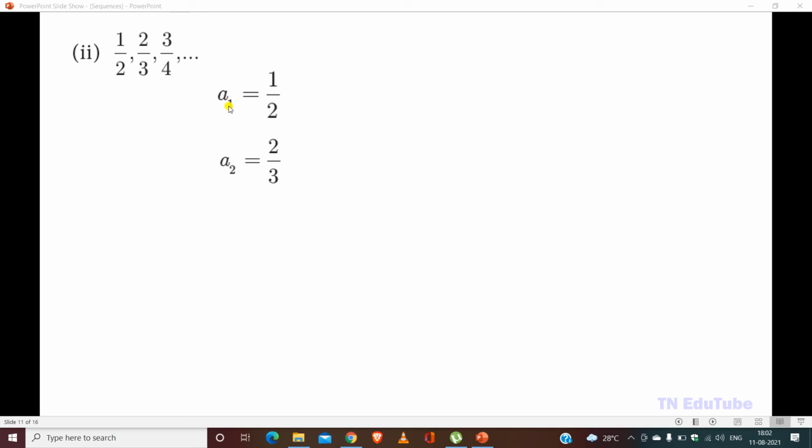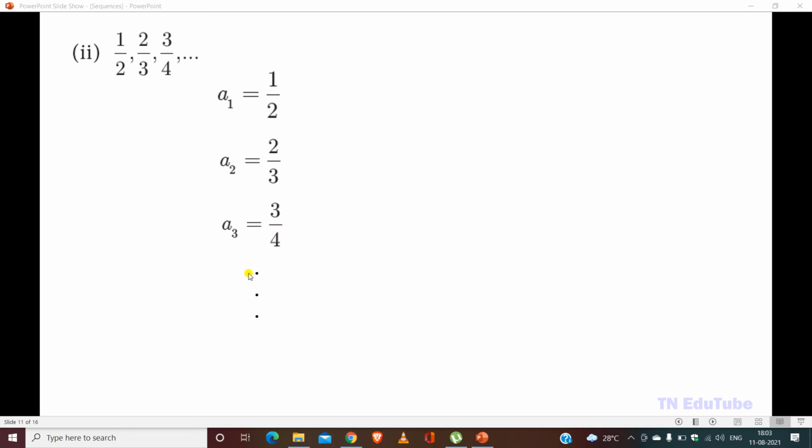First term, numerator is 1. Second term, numerator is 2. 1 plus 1, 2. 2 plus 1, 3. So like that we can consider 3. So numerator is 3, denominator 3 plus 1, 4.